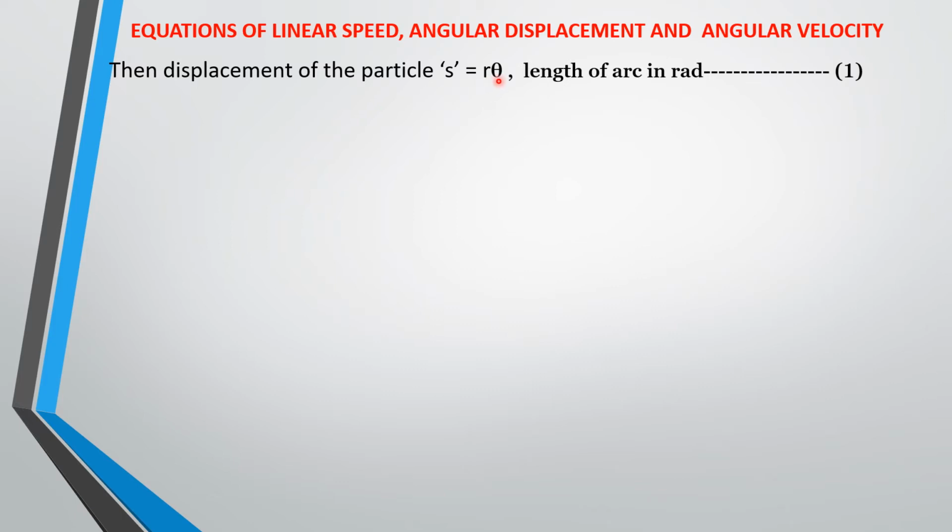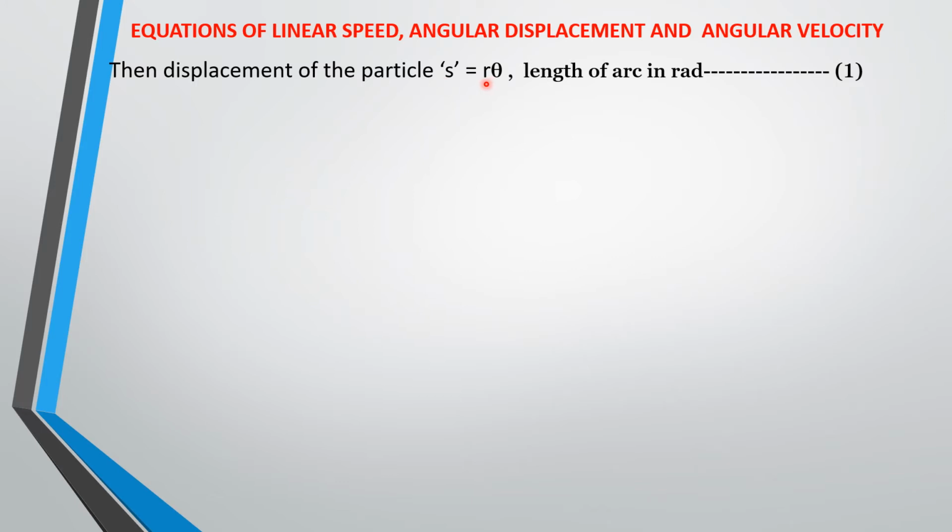This theta is measured in radians, so that gives you the distance covered by that object, and that distance is equal to the length of arc PQ. So take note of this.